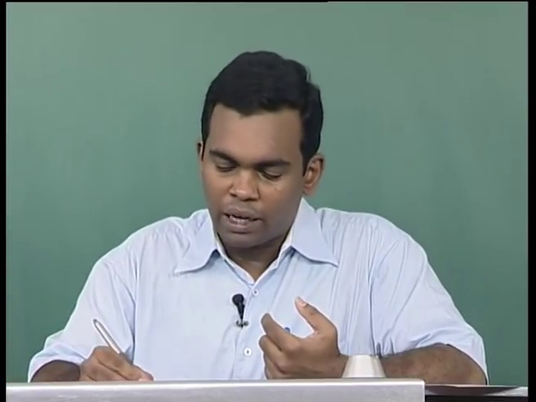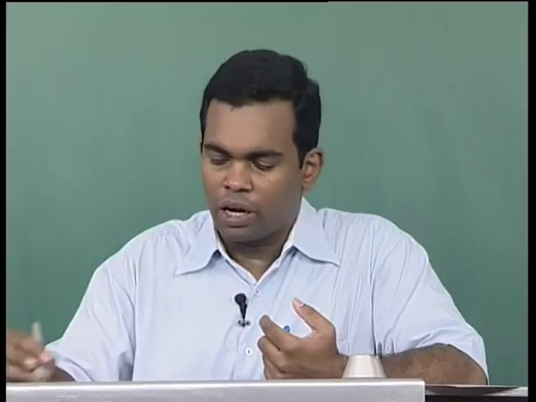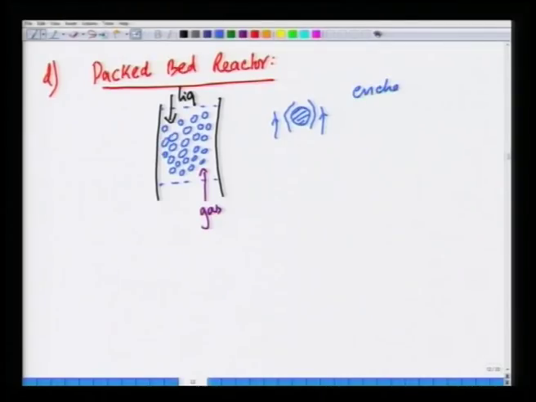So, by having these packings in a column, you are enhancing the surface area of contact, so that there is more area of contact for the liquid phase and gas phase, and hence more conversion can take place.